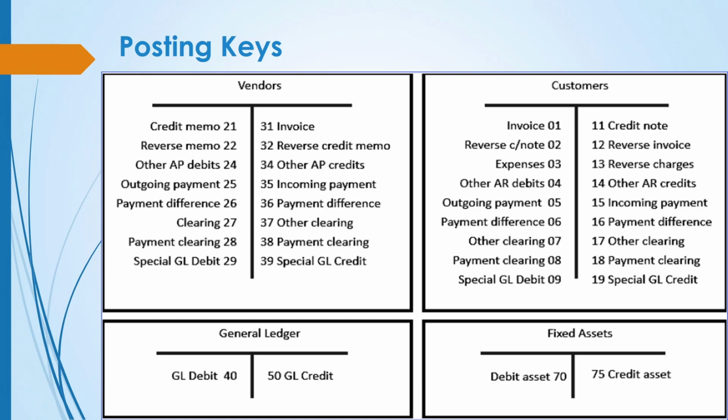Posting keys can be used for more precise reporting, particularly when building reports. They were used a lot in the earlier versions of SAP when entering a document, but are rarely available for selection in the S4HANA Fiori apps, with the exception perhaps of some of the fixed asset transactions.